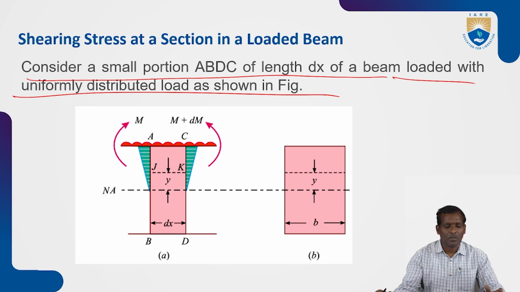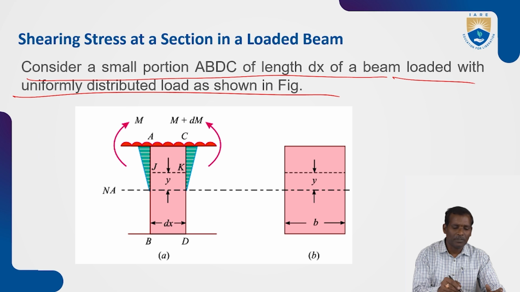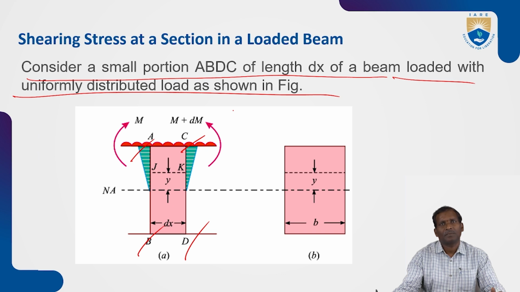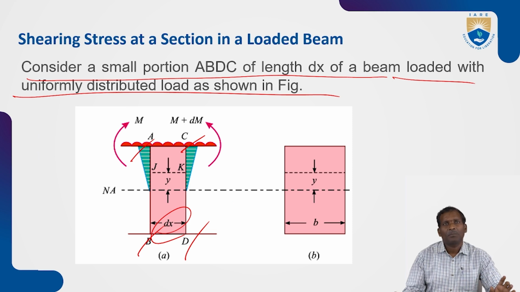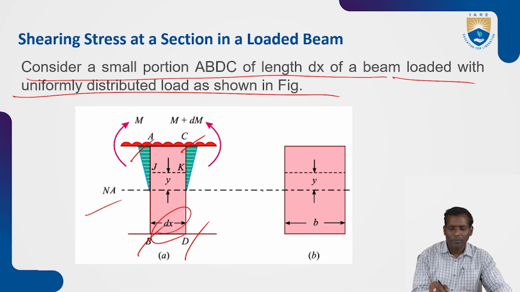This is the small portion of the beam, ABDC, with section length dx. This is the neutral axis. From the neutral axis, the distance to the section at JK is y.